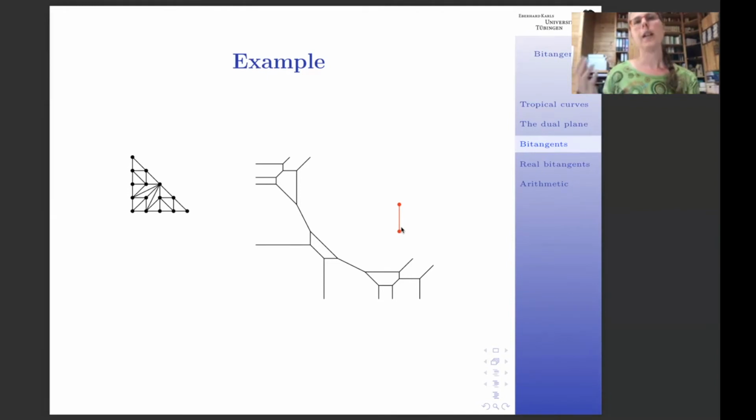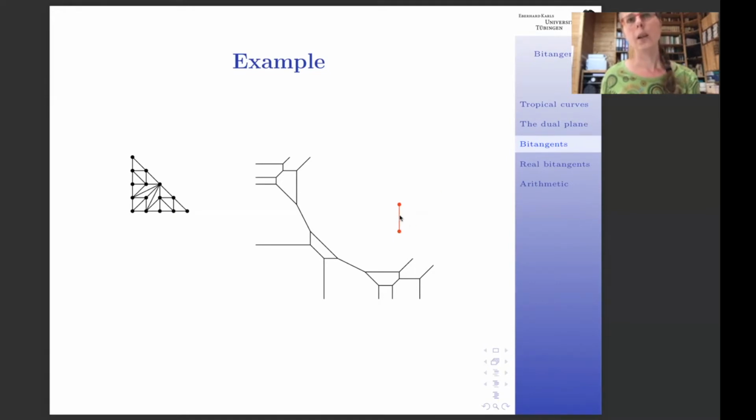As I said, using the identification of the dual tropical plane without the minus sign. So I'm just identifying a point, like for example, this point here with the tropical line that does this. So it has this horizontal ray meeting the vertex here, and it has this vertical ray meeting the edge down there, and it has this diagonal ray, right?